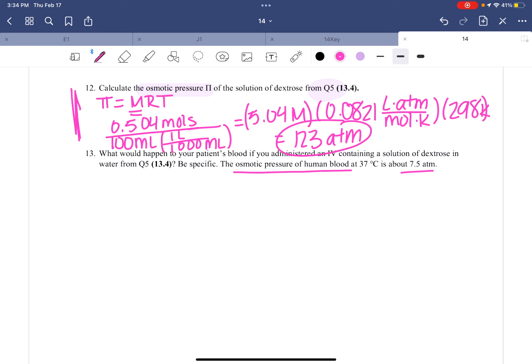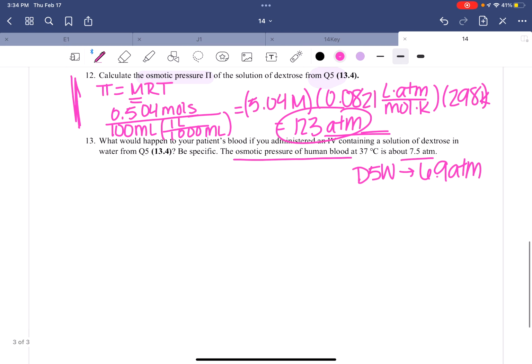And that's very, very close to the D5W solution, which has about 6.9 atmospheres of osmotic pressure. So you can imagine that if you put into someone's bloodstream this solution with 123 atmospheres of pressure, there's going to be a really big difference and probably some not so great biology things happening here.